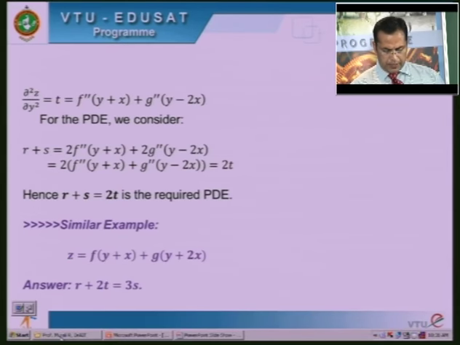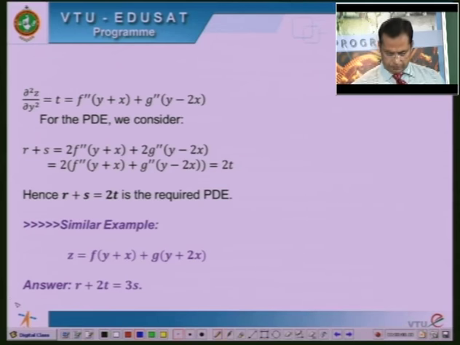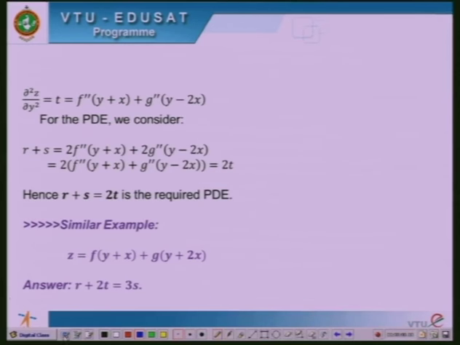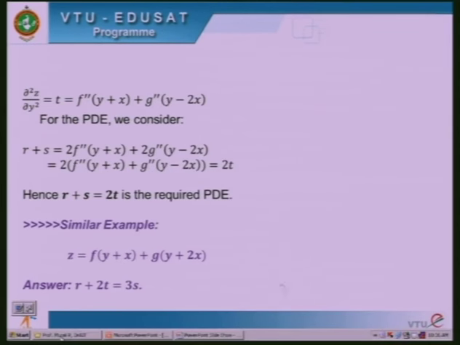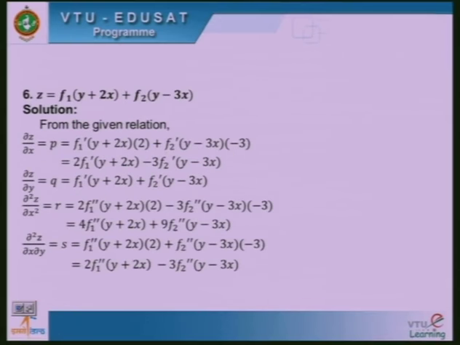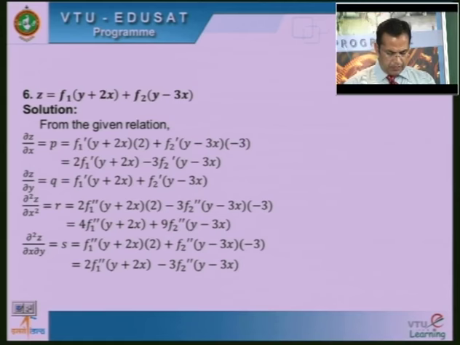Now, let us go to a similar example, similar to the example we illustrated now. Form the PDE from the relation z equal to f1 of y plus 2x plus f2 of y minus 3x.